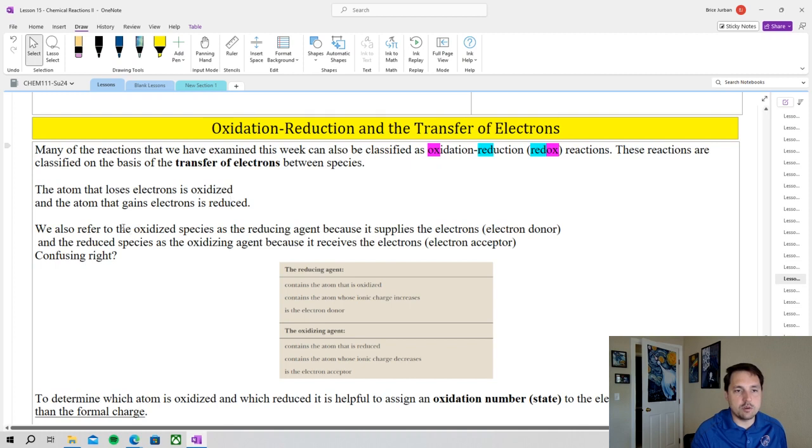Now, we can also refer to the species that's oxidized and the species that's reduced, rather than just the atom.